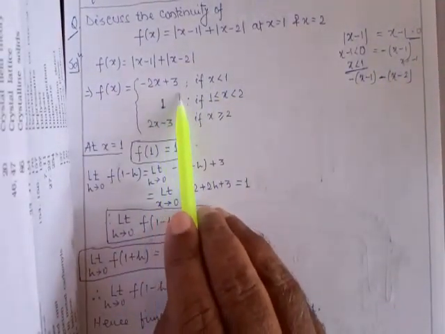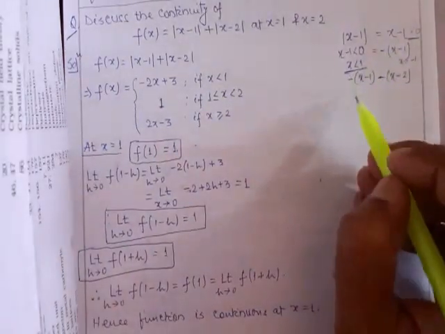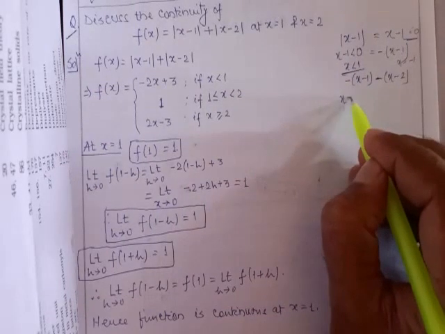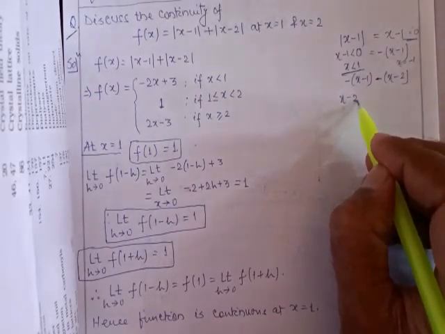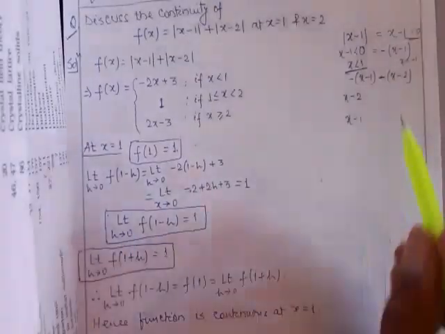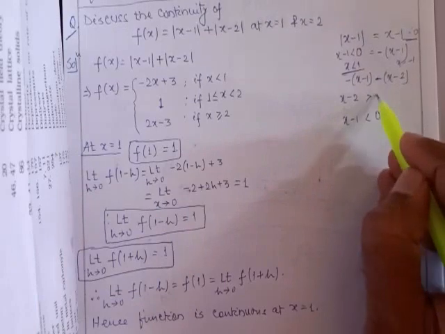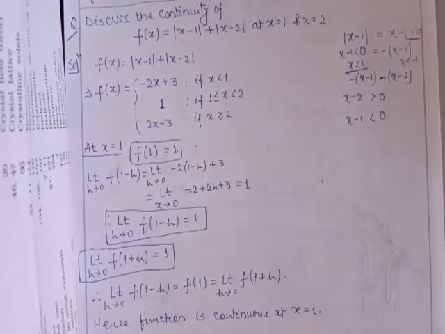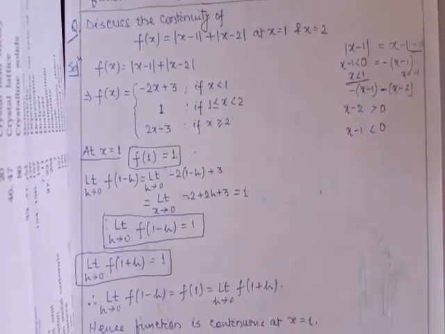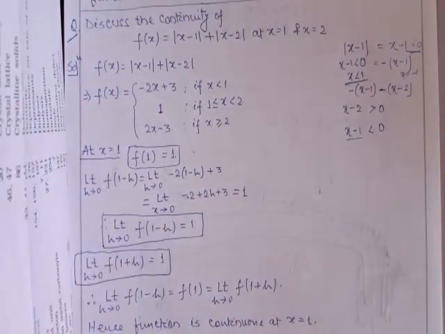Consider the second case, x − 1 and x − 2. x − 1 is less than 0 and x − 2 greater than 0. x − 1 less than 0 means x is less than 1, we have already considered it.